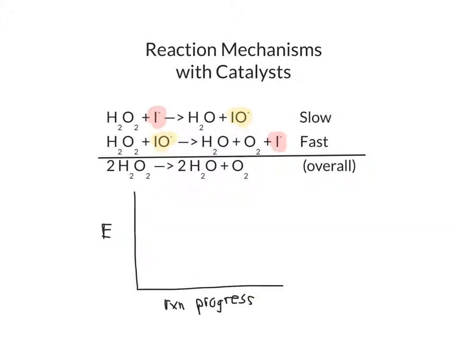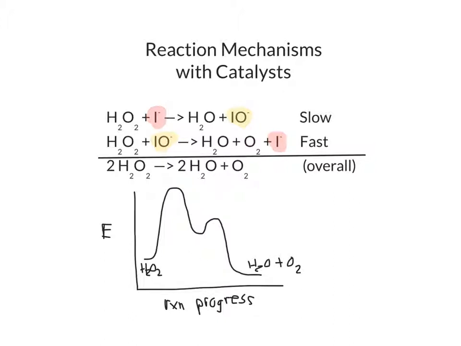If we think about the energy profile for this mechanism, we would expect that the first reaction will have a larger activation barrier than the second reaction. We're starting with stable peroxide, and we're ending up with stable water and oxygen gas.